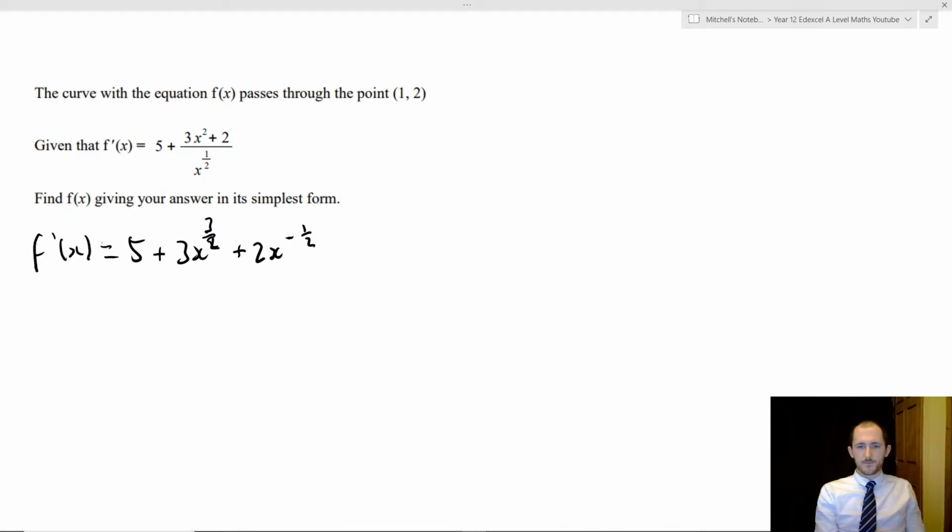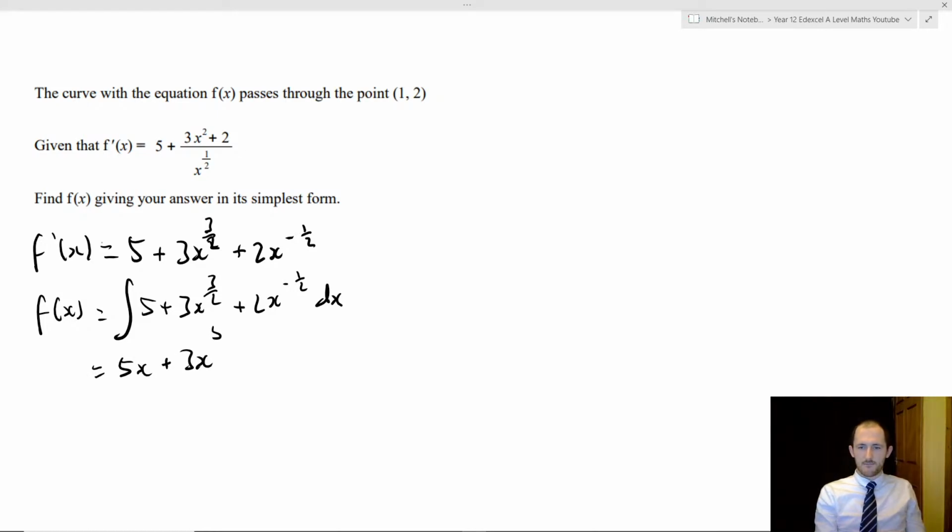Cool. Five plus 3x. So we get 5x plus 3x to the 5 over 2 over 5 over 2 plus 2x to the positive half now over a half plus c.